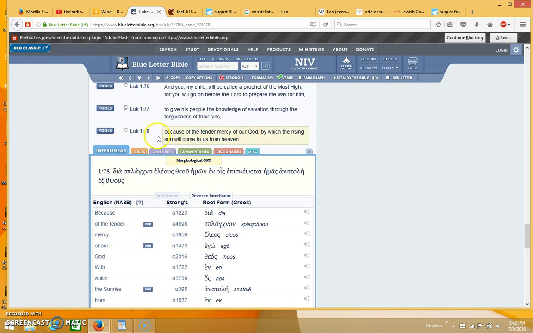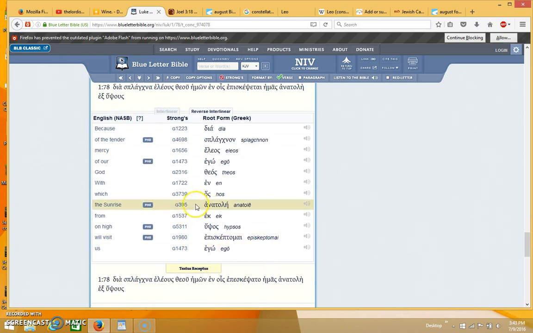Because if you go look at Luke 1:78, you'll see that it's talking about the rising sun. Over here, this is the NIV version. It says, "Because of the tender mercy of our God, by which the rising sun will come to us from heaven." And like I've said before in other videos, there's a true dawn, a true rising of the sun, and a false dawn.